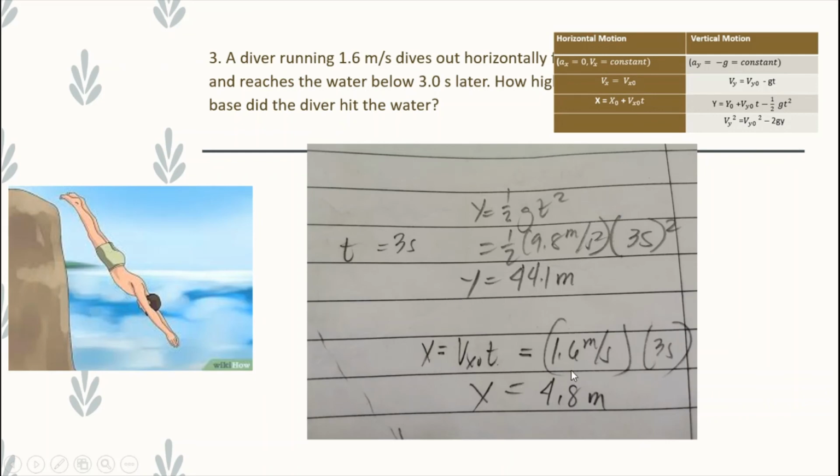And solving for the x, 1.6 meter per second times the time given, 3 seconds. So we have 4.8 meters. That's it. Very easy, as long as there's no curve, no direction or angle given. When an angle is given, this will all become different.